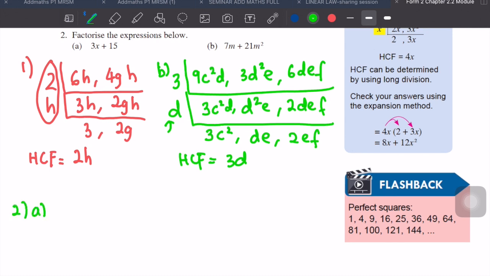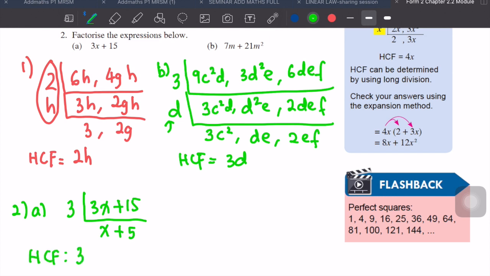Okay. So next, number 2. A. So you have 3x plus 15. Okay. Sekarang awak tengok 3 dan 15. Okay, apa nombor prime numbers? Senanglah kita ambil prime numbers yang boleh membahagi 3 and 15. So we have 3. So you will get x plus 5. Okay. So HCF kita is 3.